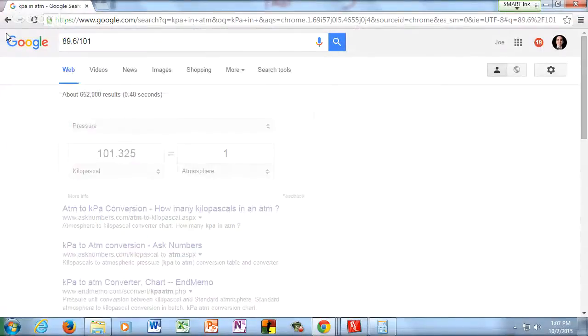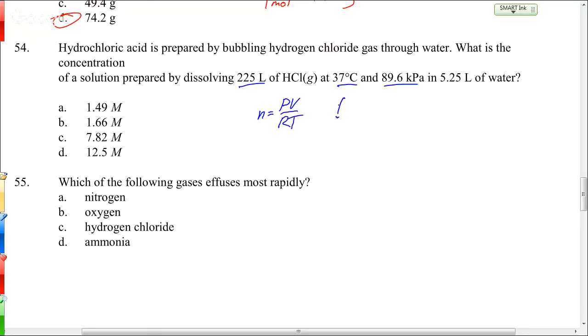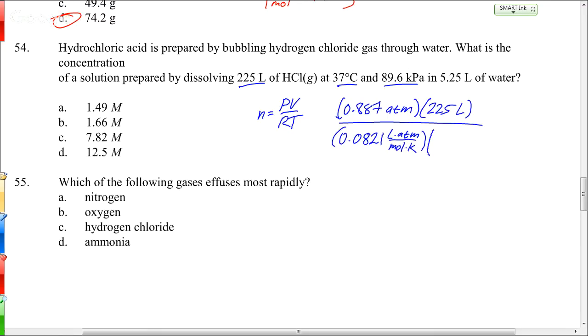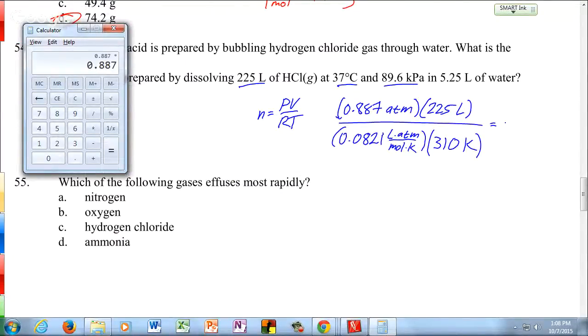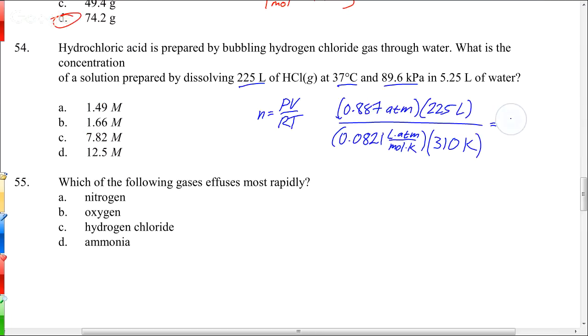So 89.6 divided by 101 is 0.887. 310, right? So I come up with 7.84 moles HCl. Is that what you got?